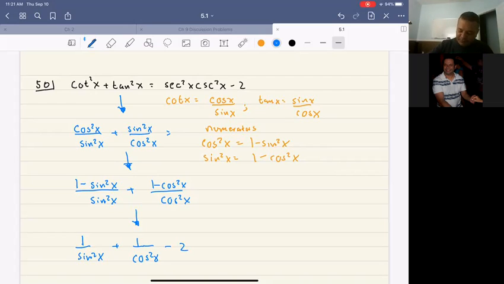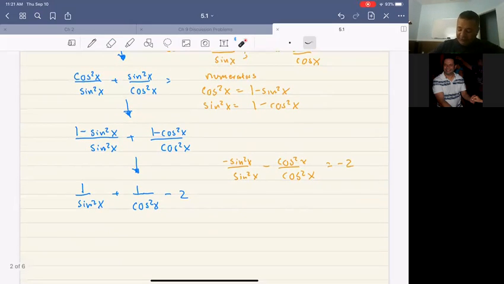Let me just write that. So here I'm taking minus sine squared of x over sine squared of x minus cosine squared of x over cosine squared of x equals minus 2. And that's this and this.